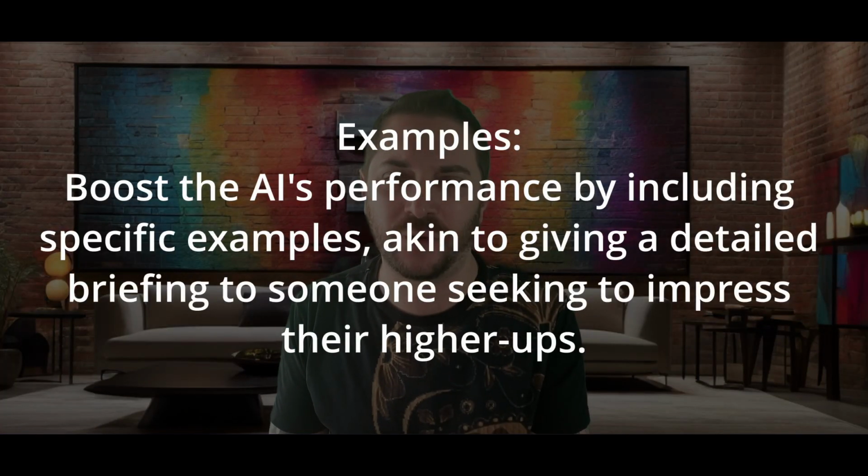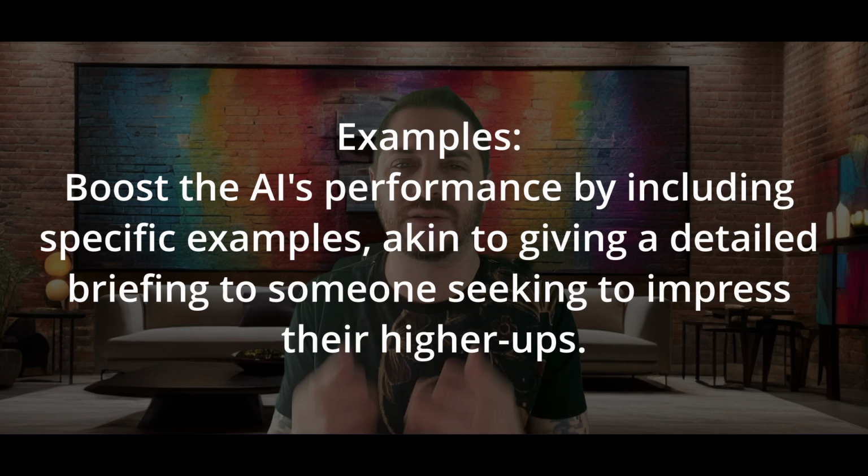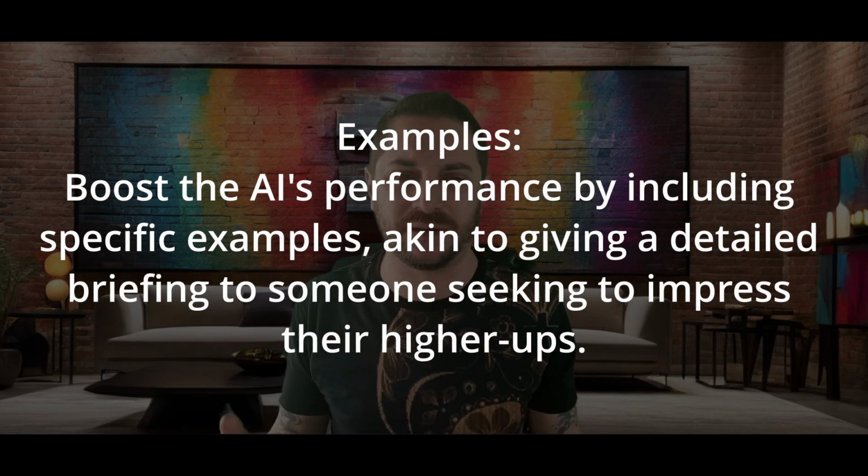The next piece of context we need to give it are examples. This is where most people fall short or they don't think to add examples. These are very important a lot of the times. So for our examples, these are going to boost the AI's performance by including very specific details that otherwise may have been left out.